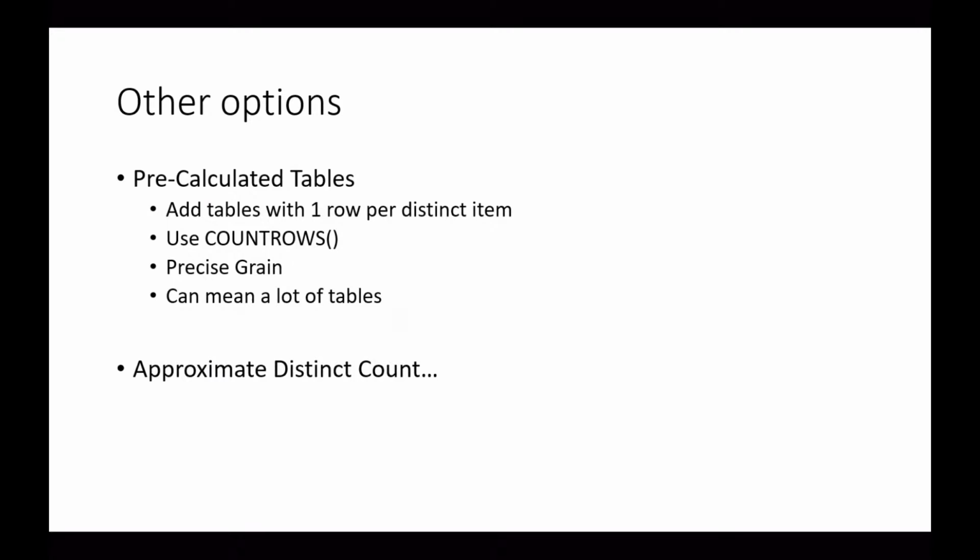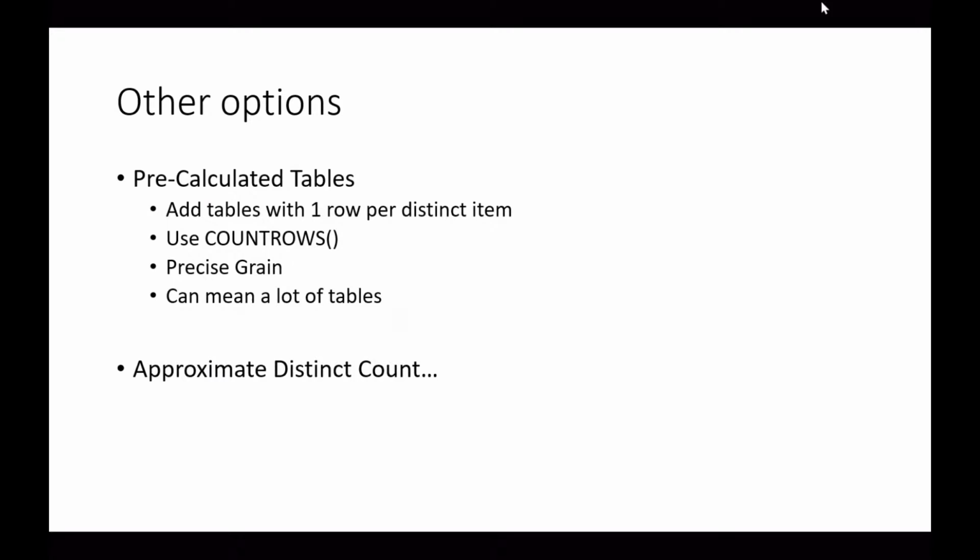I've seen models successfully built with perhaps 20 tables like this for the really important criteria that people most commonly select. It does take a lot of work, but if performance is your number one priority, then it's an option. I wouldn't say it's your go-to option first up, but it can be done. And like I said, my 4th point here, it can need a lot of tables.